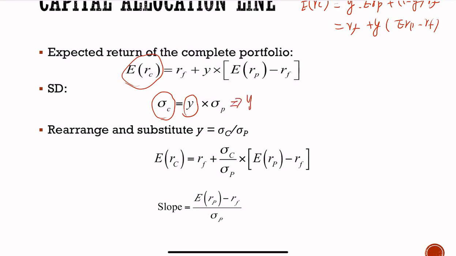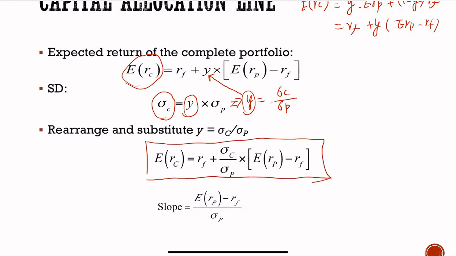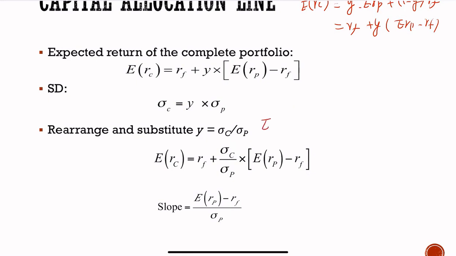So this basically tells us y equals sigma C divided by sigma P. So now I could plug this into the first equation, and this gives us an equation like this. So this equation tells us the relationship between the return of the combined portfolio and the volatility of the combined portfolio. I think you can actually write this equation in a better way.